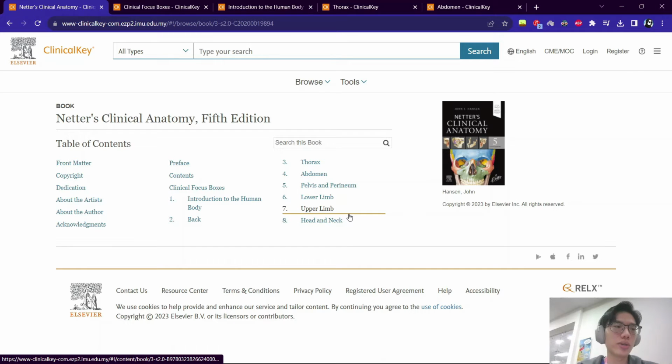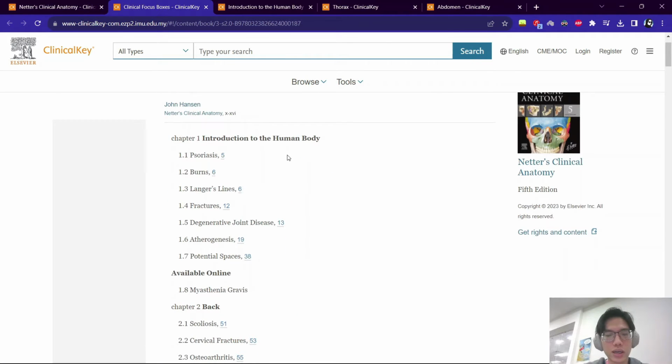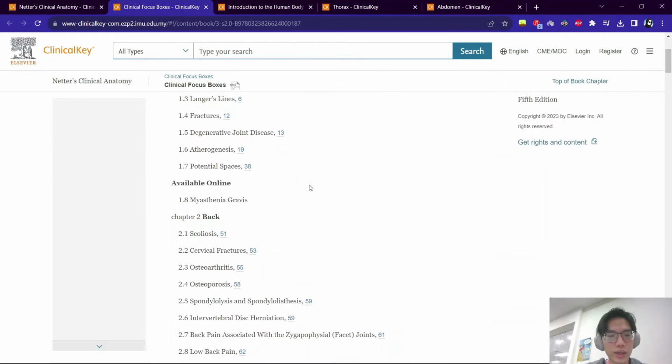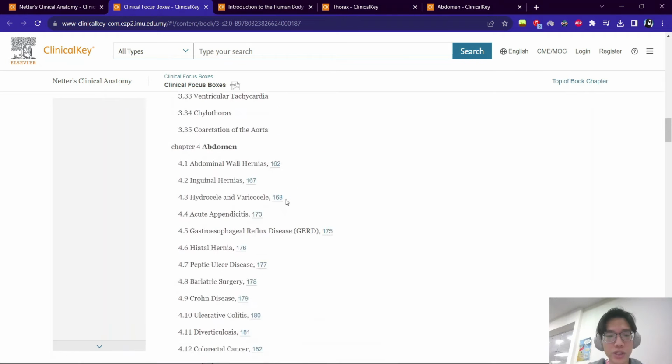So now let's journey to the heart of the book, which would be the content. So it is divided into several sections. As you can see, there is stuff like the clinical focus boxes, where these are clinical aspects of the book which should be of focus to us. So you can easily and rapidly access the pages of where this happens.